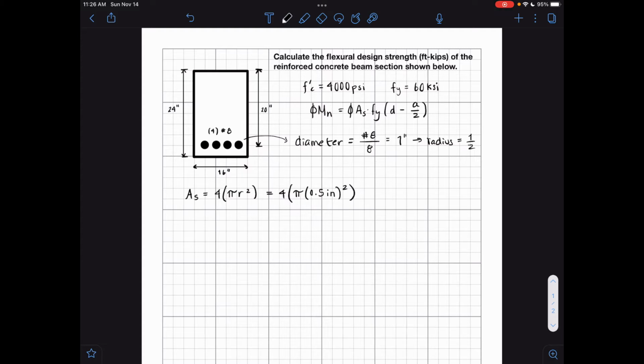And so this is going to turn out to be As is 3.81 inches squared. So let's go ahead and box that.